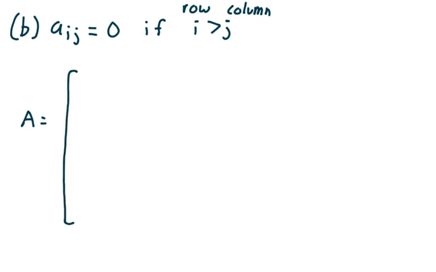Over here, I'm going to call this A11. So this is the entry in the first row, first column. Right there, can you tell that i and j are equal? And then I'm going to go A12.